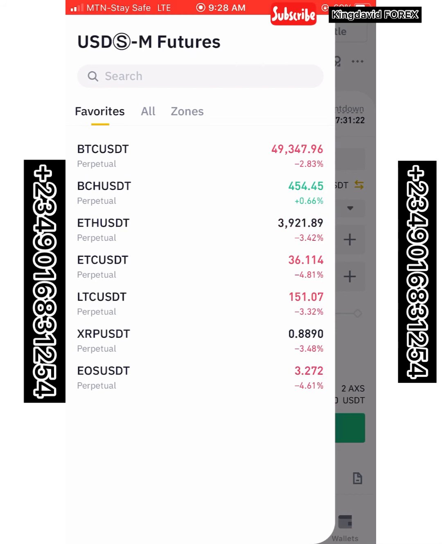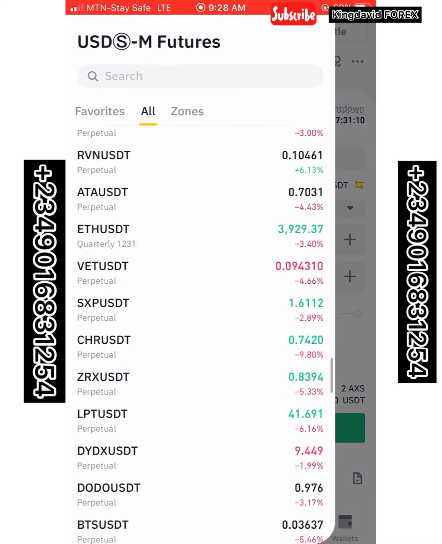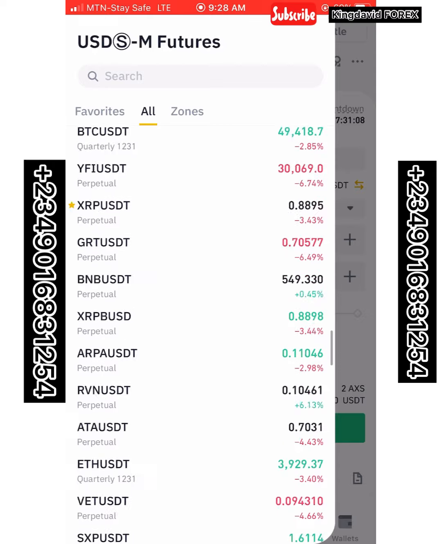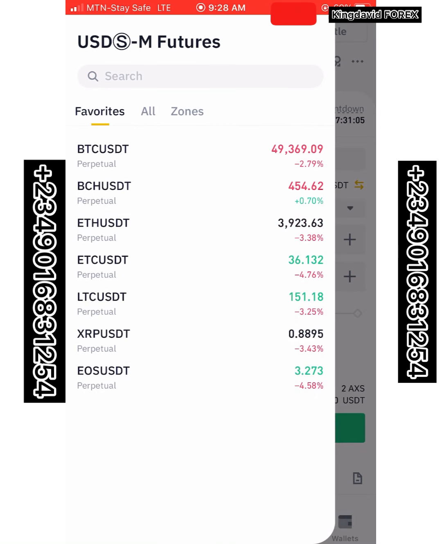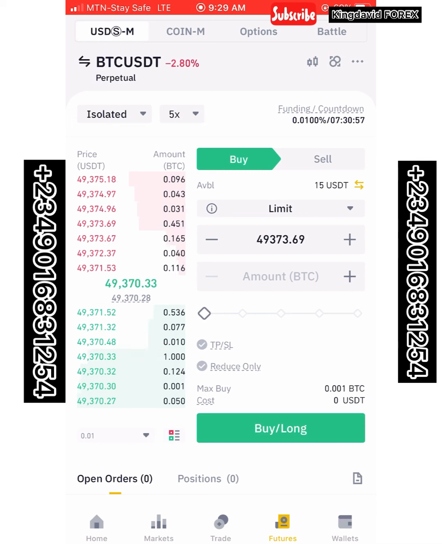Most times I like to trade ETC, but not often. But I like to trade BTC. So let's pick BTC USDT, and there are other trades as well you can trade on. You can check here, you can see many trades you can pick on. But me, I would love to just pick on to explain more on BTC USDT. Okay, as you can see, this is BTC USDT.